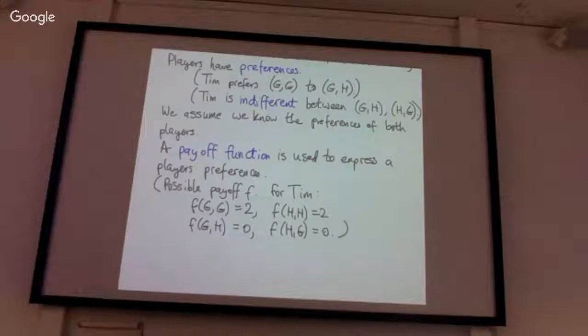Yes. Is the 2 arbitrary? Yes. The 2 is arbitrary. Okay? So, in fact, what we want from the payoff function is only that the preferable outcomes have a higher value and the less preferable outcomes have a lower value for the moment. We will want more soon.